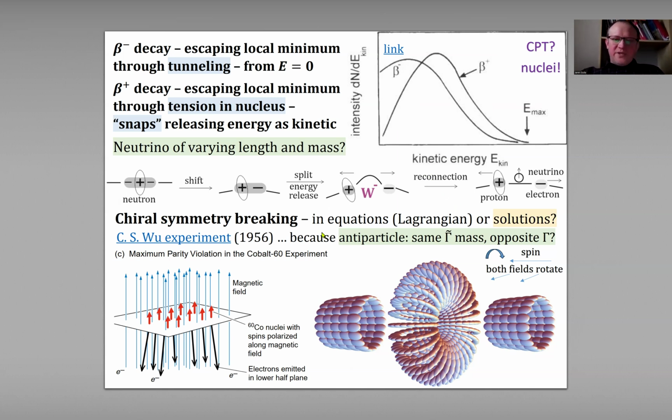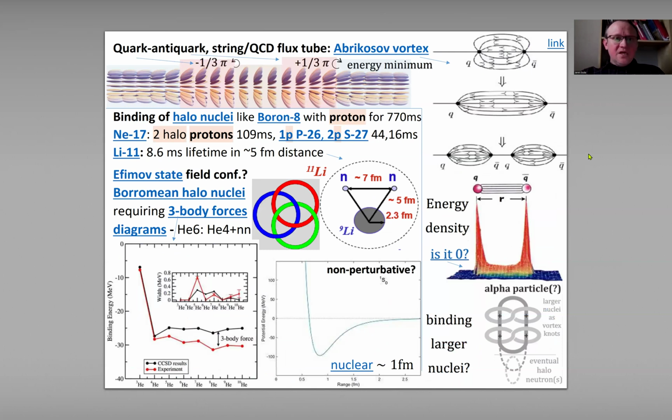What about chiral symmetry breaking? As mentioned, I think that the antiparticle has the same mass and opposite gamma, so I think it could explain a few properties. The halo nuclei, as mentioned, are asking for a non-perturbative explanation: what field configurations are the mechanisms.